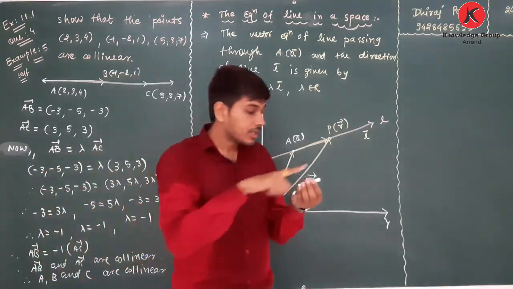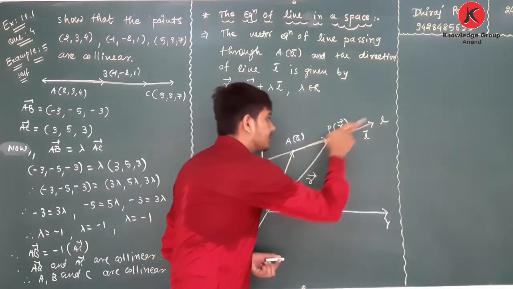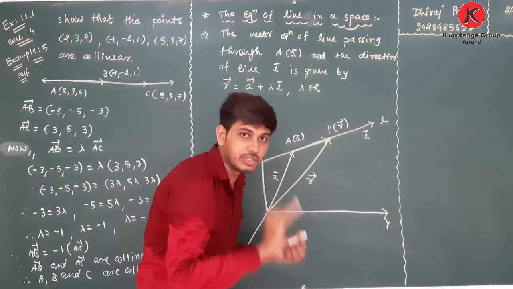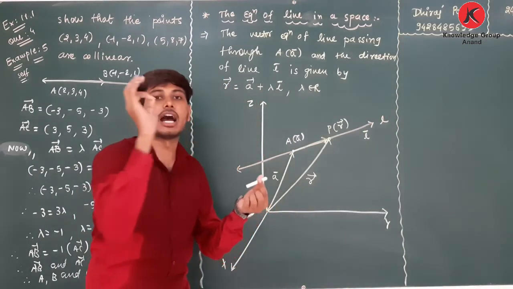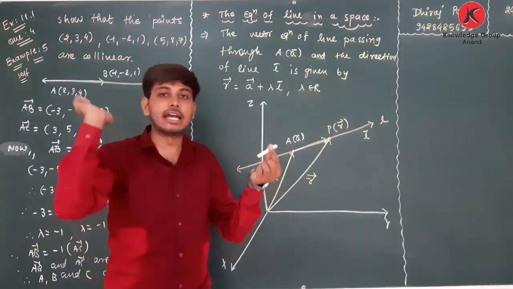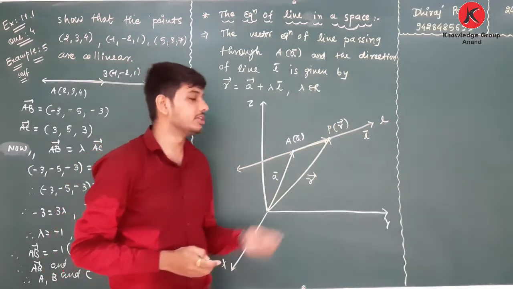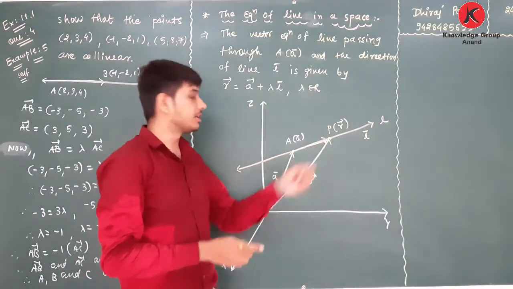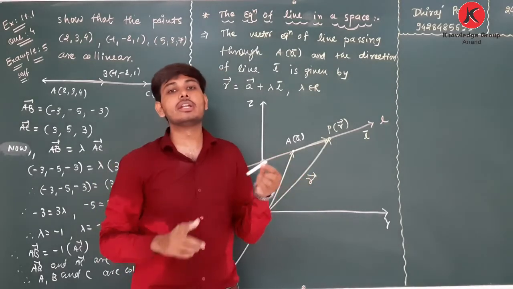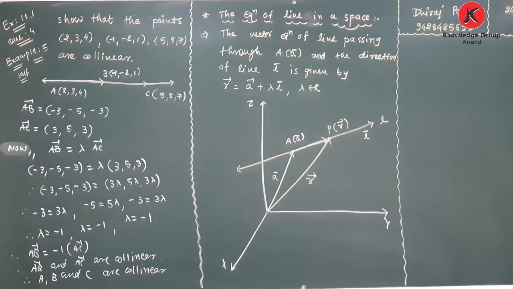They may be on this side or on this side, but we can say that they are collinear, whether in the same direction or in the opposite direction. Therefore, vector AP and vector L bar are collinear vectors here. Clear?